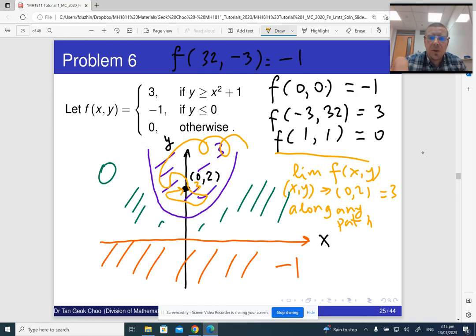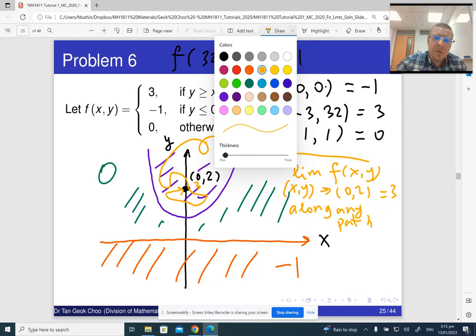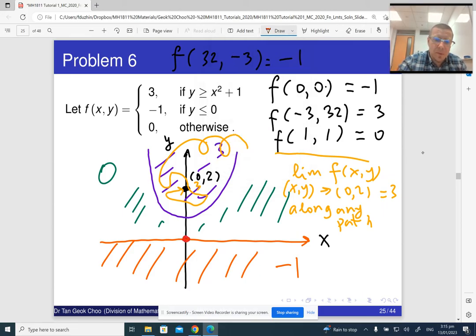But compare it to the other point, which is (0, 0). Here, if you take any path that approaches this point from below, it's going to be -1, right? So for example, if you approach this point from below along the path x equals 0 and y is negative, here f of (x, y) is going to be -1, so the limit is -1.